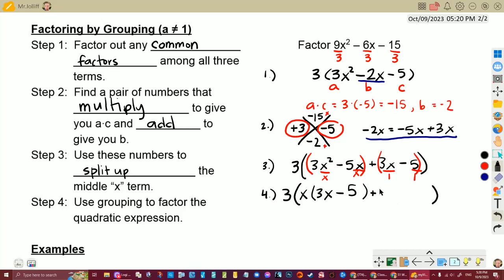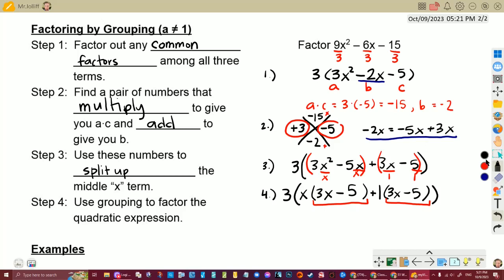For the upper grouping, I'm pulling out a 1, and that leaves me with 3x minus 5. If you've done this step correctly, you'll notice that the binomials that are left behind should match. 3x minus 5 and 3x minus 5.